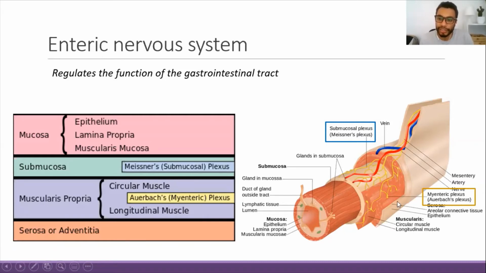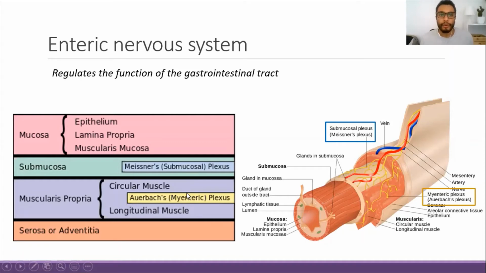This plexus innervates, as you see here, the smooth muscle, both the inner circular layer and the outer longitudinal layer in the digestive system. It's easy to remember because myenteric comes from muscle. So this is innervating the smooth muscles.